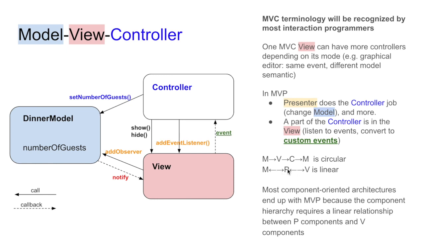Things go from model to presenter to view, custom event from view to presenter to model. Because most component-oriented architecture requires some sort of hierarchy, it's very hard to keep such a circle in that hierarchy. So these linear relationships from parent to children are preferred. So that's why model view presenter is very much used today, knowingly or unknowingly.